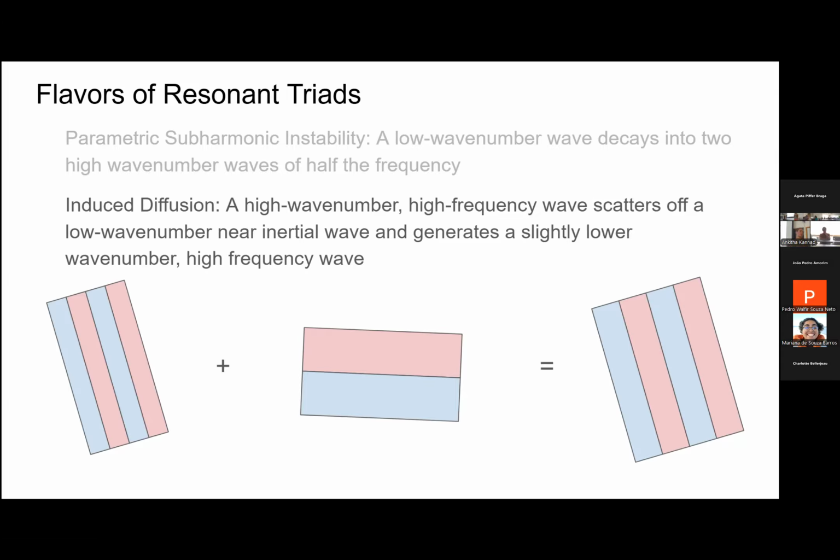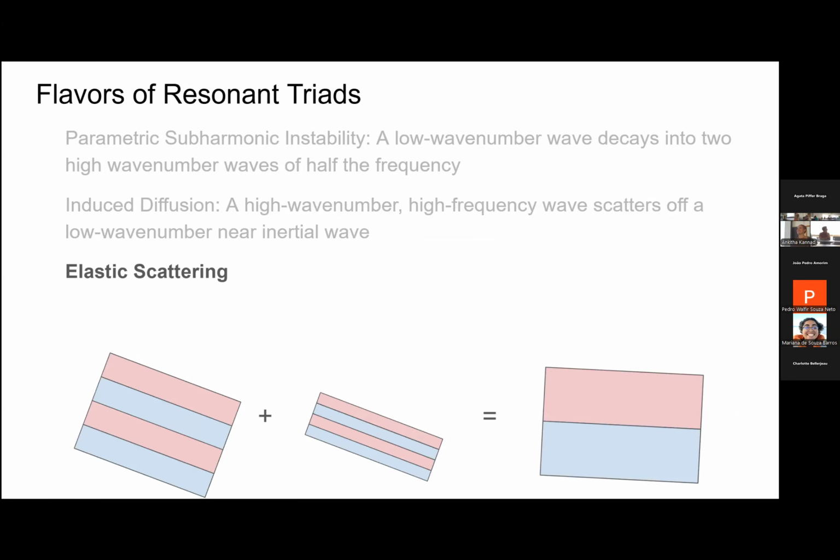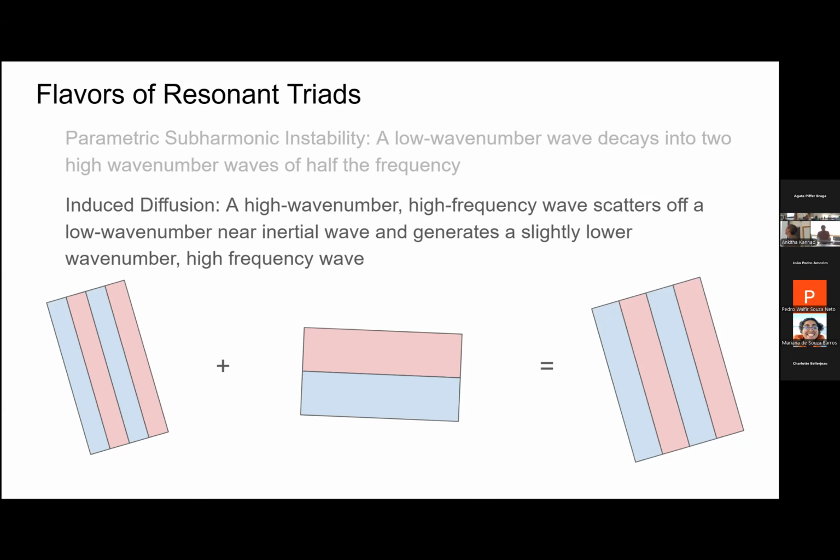Basically, you have a high frequency wave that's scattering off a near inertial wave and passing energy to lower waves. Can you repeat what you just said? I said a high wave number, high frequency wave scatters off a low wave number near inertial wave and generates a slightly lower wave number, high frequency wave.